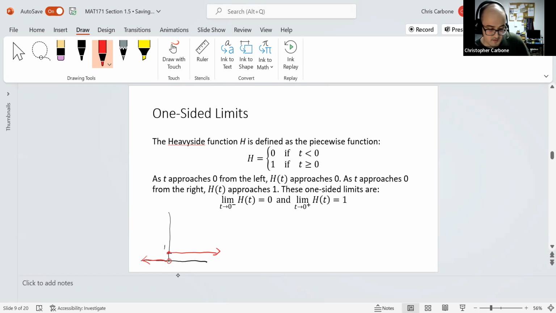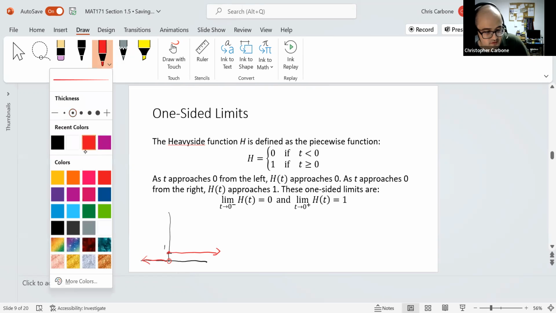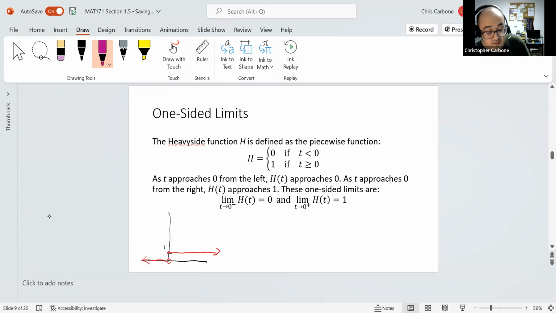But you could see, if we approach, again, different color for this, let's do purple, if we approach the value of 0 from the left, right? We're approaching the value of 0 from the left.